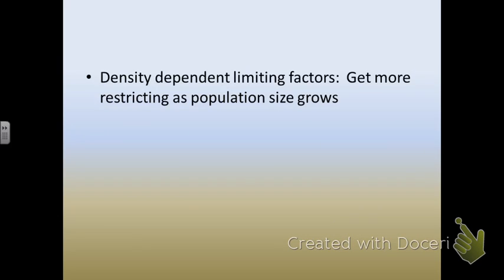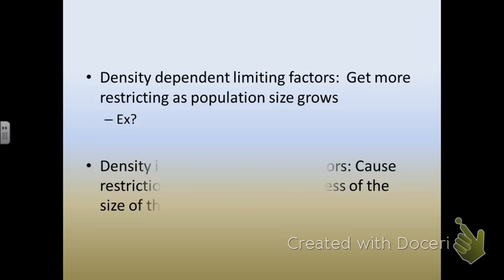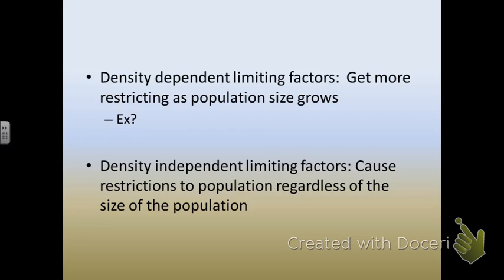Okay, so if we're looking at those limiting factors that can hold the population at carrying capacity, we can classify those limiting factors as either density-dependent or density-independent limiting factors. Density-dependent limiting factors get more restrictive as the population size grows.